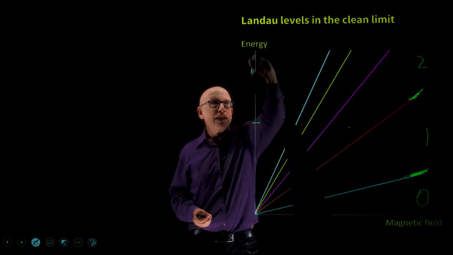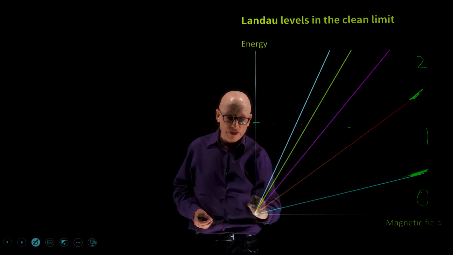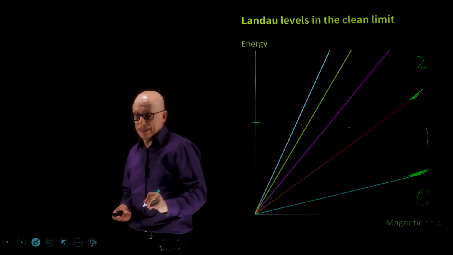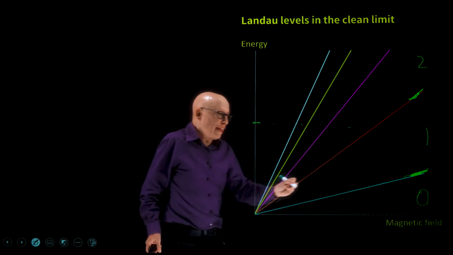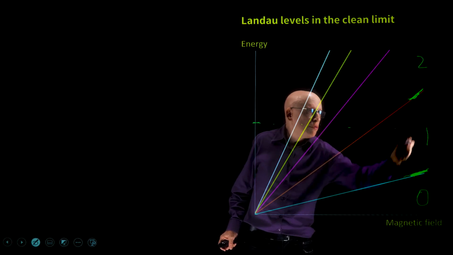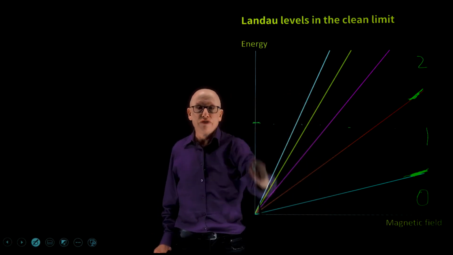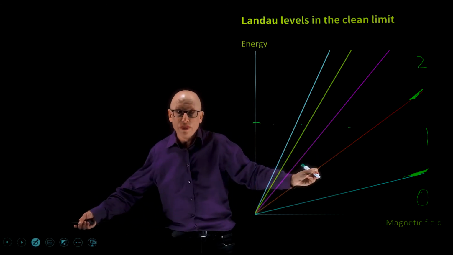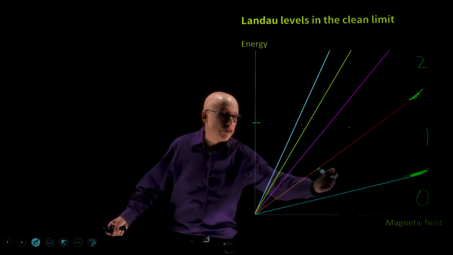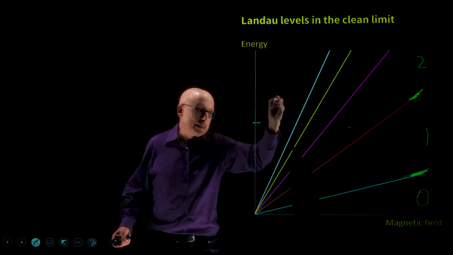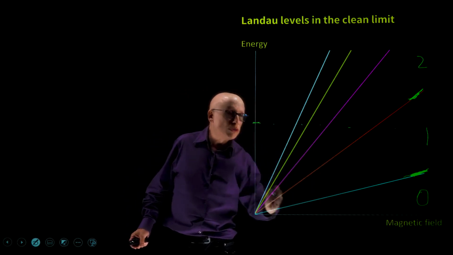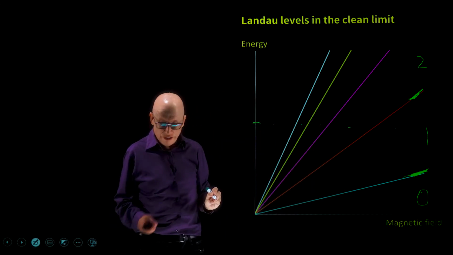All states at all energies for zero magnetic field are localized, which means that those lines of delocalized states cannot touch the line of zero magnetic field. So what would they do? The only sensible choice they have is to climb up to infinity.